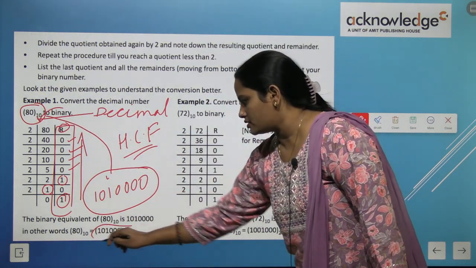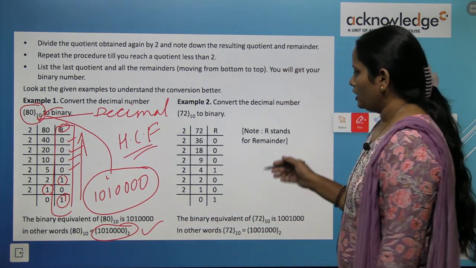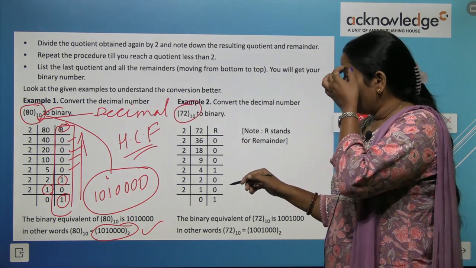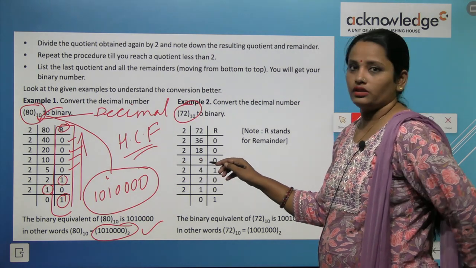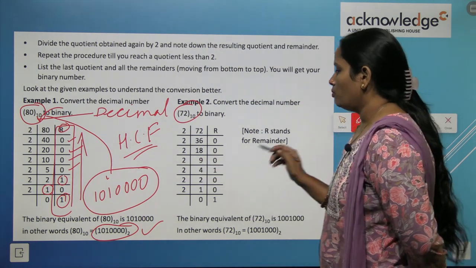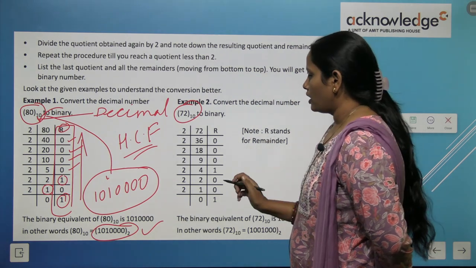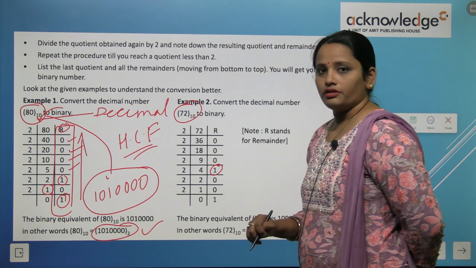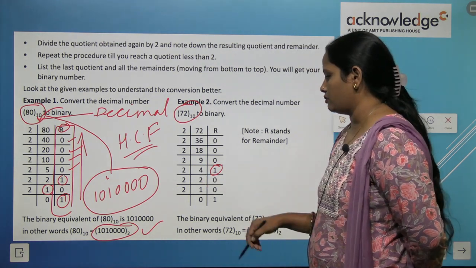Here we can see the answer is given. So we have to write the binary number in this way. Again we have to do the same procedure with 72, and when the number cannot be divided, so here 9 cannot be divided by 2 completely, so 1 will be written here because 8 comes and 1 is remaining, so it will come here.